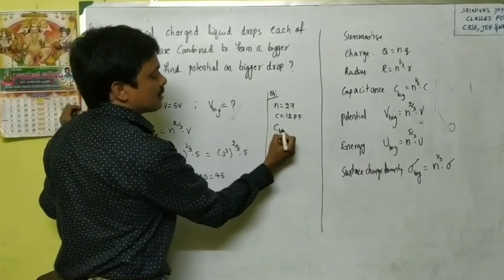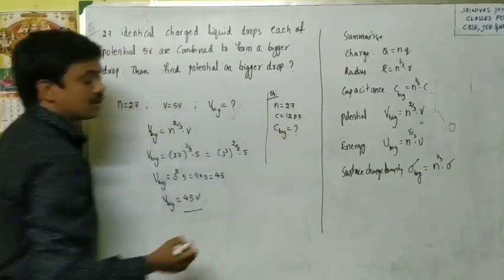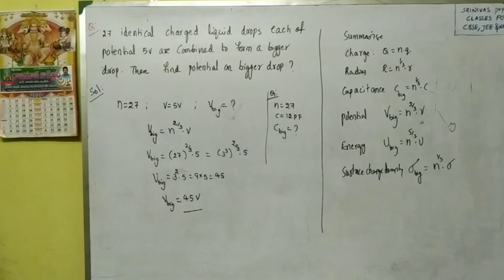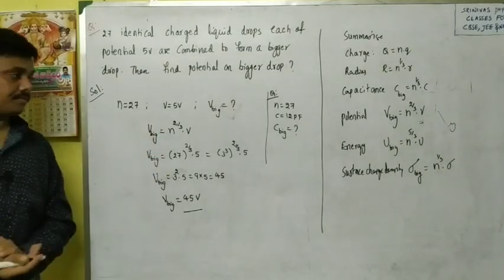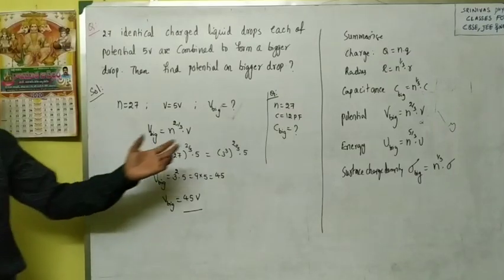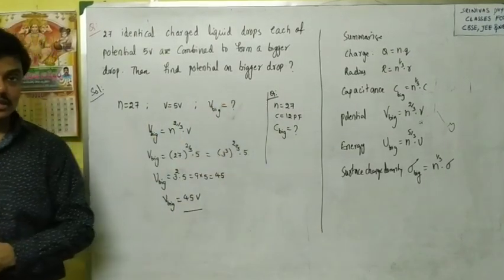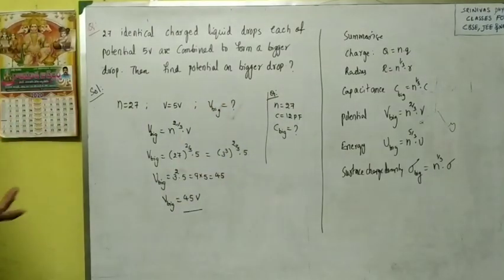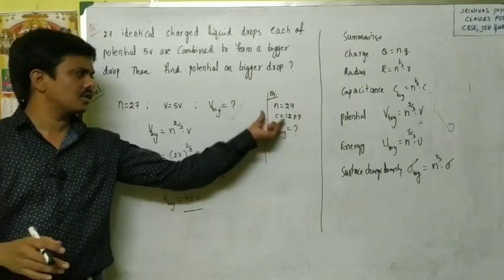Then what is the capacitance of the bigger drop? You can find this out and give the answer in the comment section. Also you can find the surface charge density if they give the data.